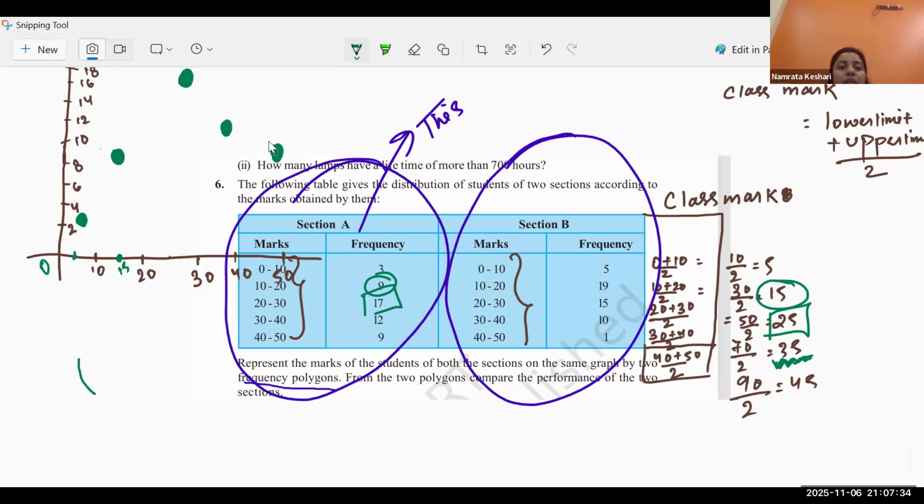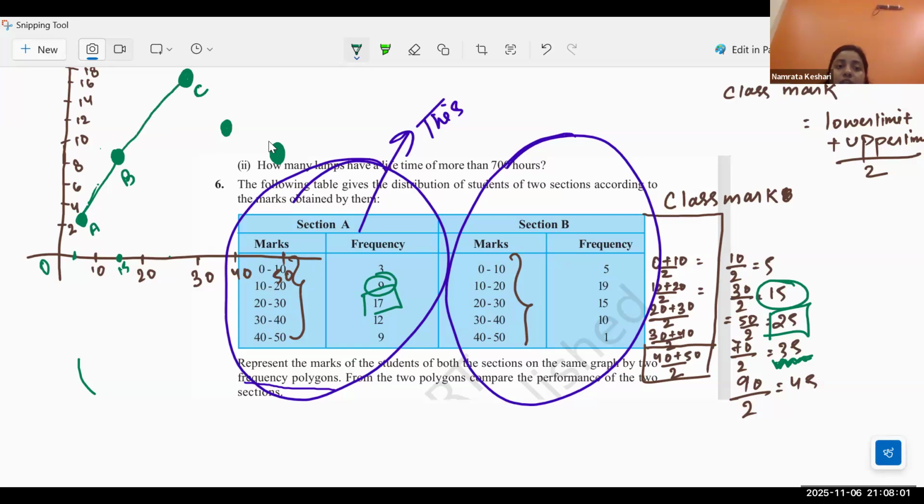And now I'll be connecting all of them. Don't try connecting them directly without the help of a scale. You need to put your scale along the two points A and B, and then join a line segment like this. Then place your scale along B and C, and connect them like this.